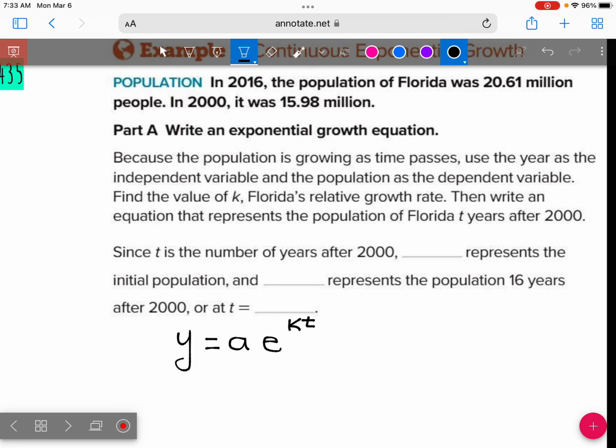2000. 2000 is the earliest year. We're going to call this one T0, like year 0. T equals 0. So this is where we're starting. That's where the data starts. That's what we know. So our starting amount is going to be that 15.98.